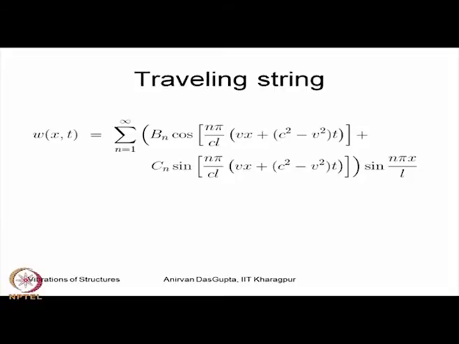So, here you can see that the space and the time parts are not separable, as we have seen in the modal solution. Even if you take one of the modes, say for example n equal to 1, the solution is not separable, which is not the case for, say, the static string.